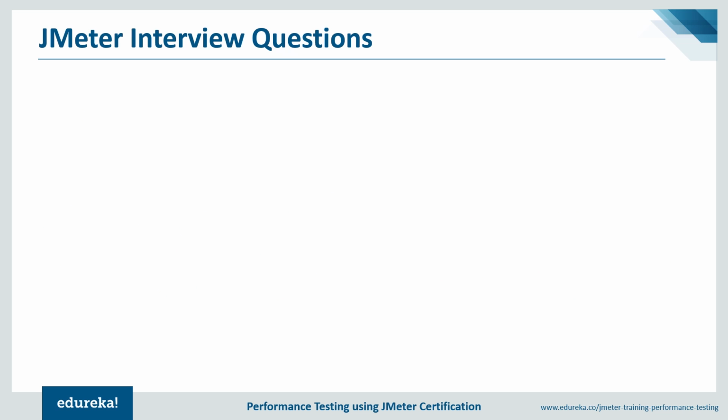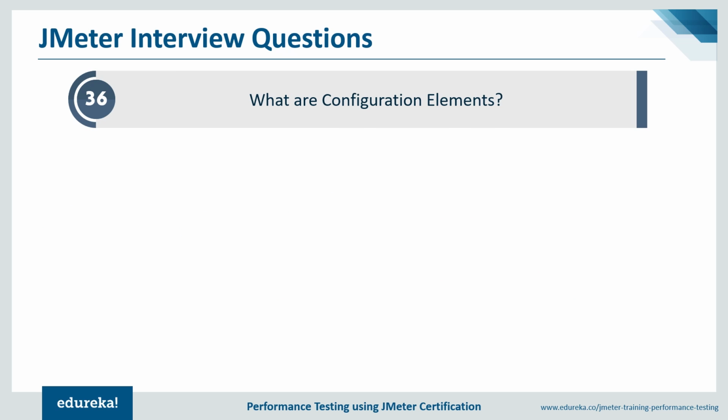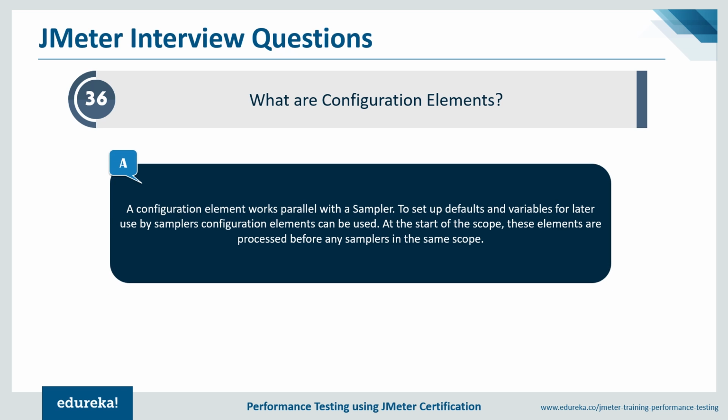Now moving on, the next question is, what are configuration elements? Now a configuration element works parallel with a sampler. To set up defaults and variables for later use by samplers, configuration elements can be used. Now at the start of the scope, these elements are processed before any samplers in the same scope.